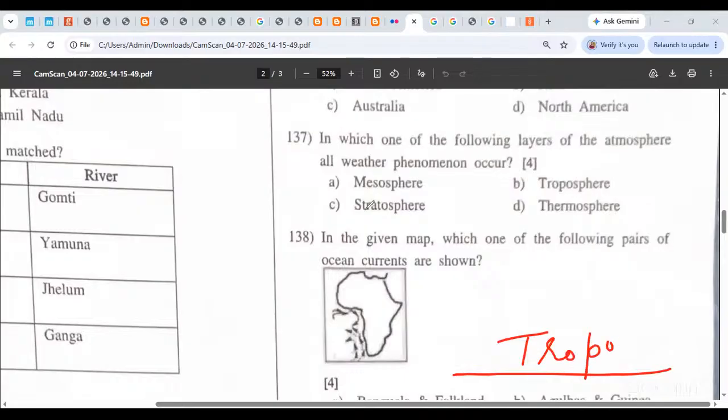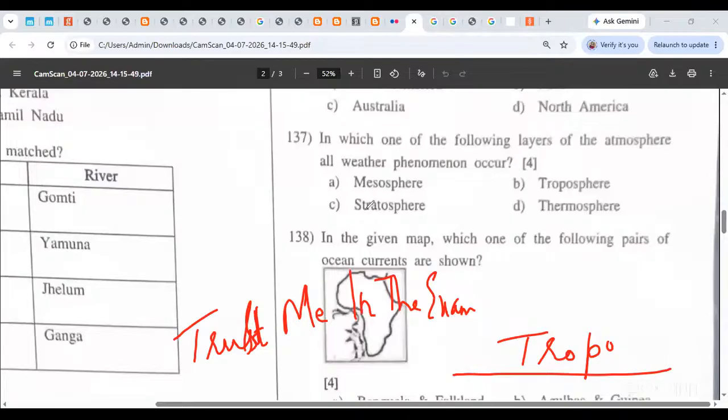Okay, we say, trust me in the exam, let's make ST bigger. Okay, now see how this goes. We say troposphere, this is the first one. ST is for stratosphere. Within the stratosphere you will have the ozonosphere, the lower part.